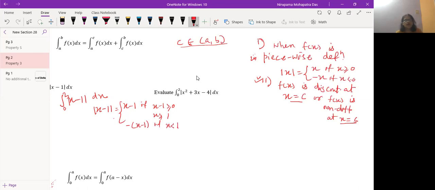So it means at x equal to 1 the change happens, the turning point you can say.